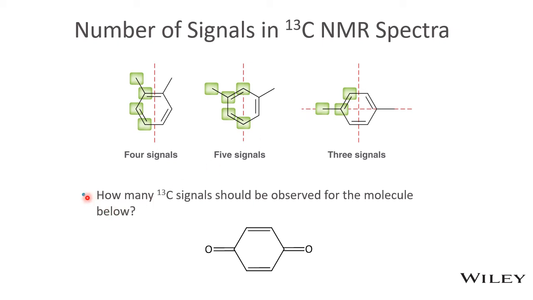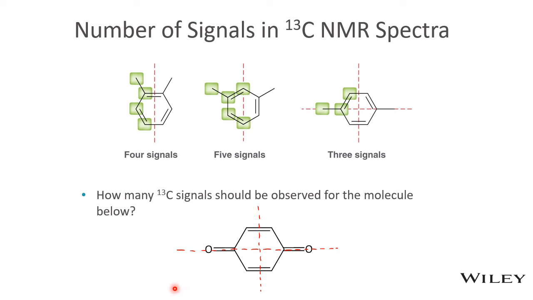So for this example down here, how many carbon signals would we expect to find? Well, first let's look for lines of symmetry. Now we have a line of symmetry straight through the middle. We also have another line through the middle of our 2 carbonyls. So this part of the molecule is reflected exactly on this side.